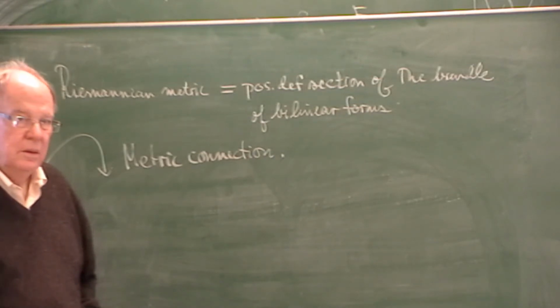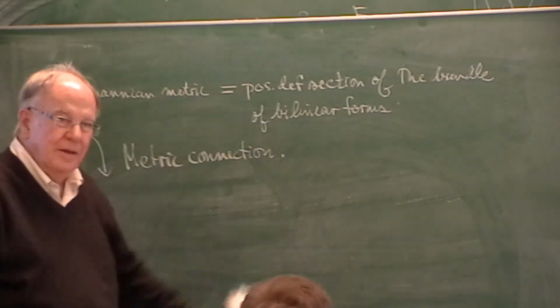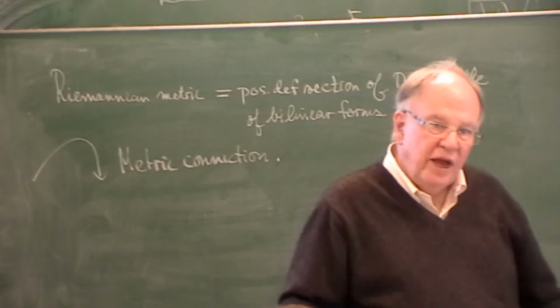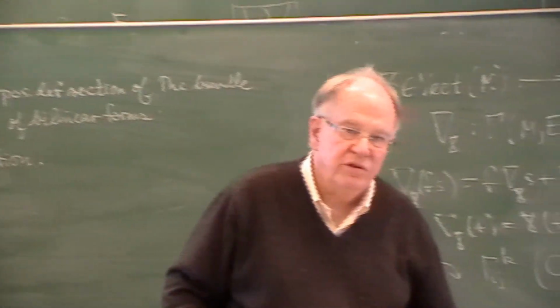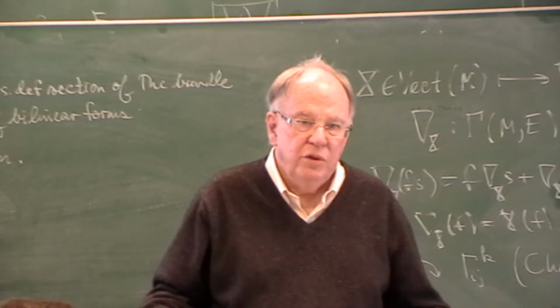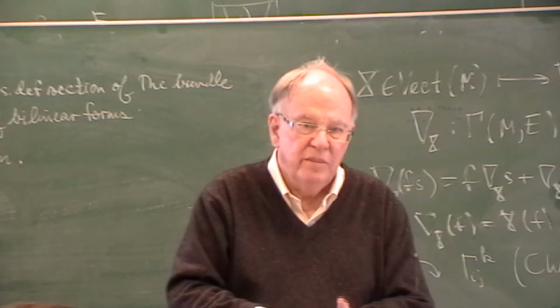Why is this called a metric? I don't know why, but it measures tangent vectors, or vectors in a bundle. I think that's a reasonable thing. It's measuring length and angles, so it's a metric in that sense.